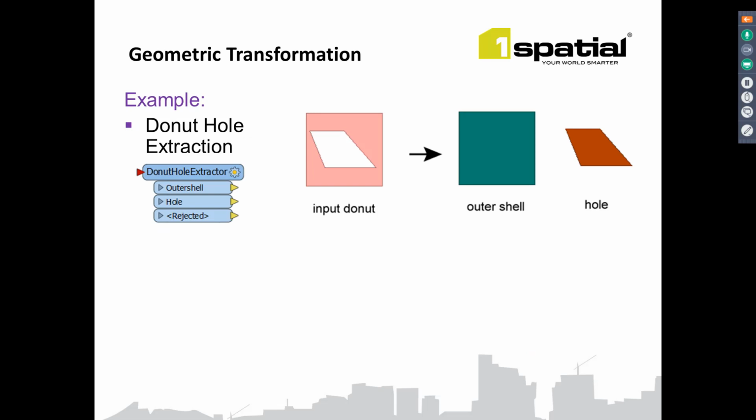So if we take a look at a few examples to try and understand what we can do. If we have donut geometries in our data, so maybe lake features in the real world represented in our data, then we could use something like the DonutHoleExtractor to split those donut geometries into their constituent parts, the outer shell and the inner hole, and do whatever calculations we then want with them.